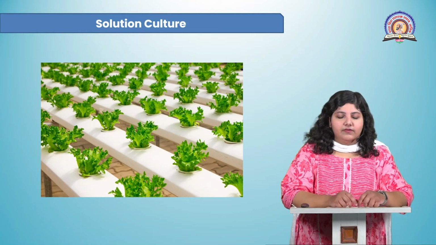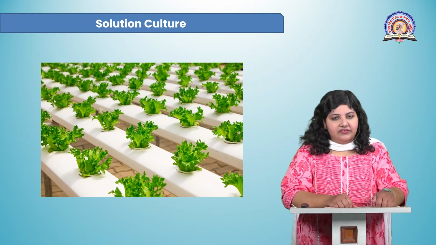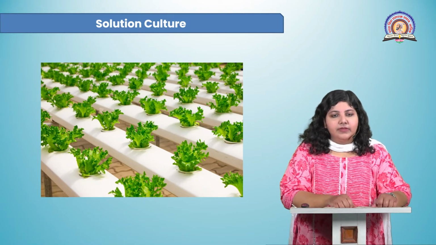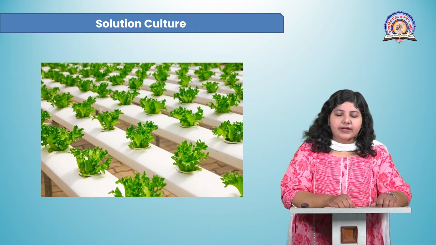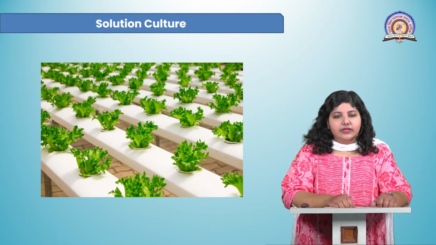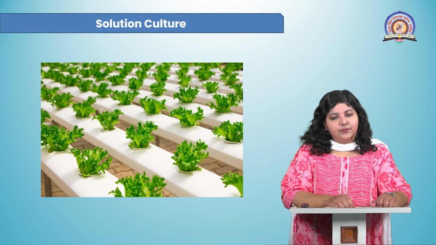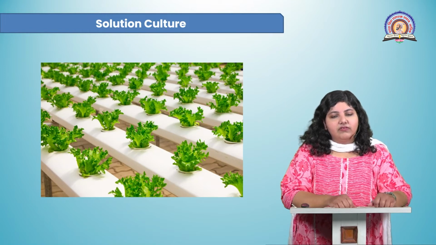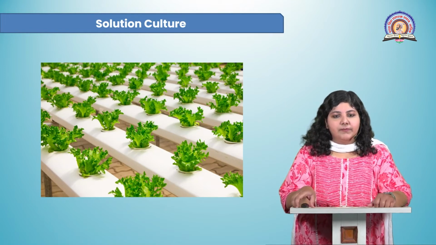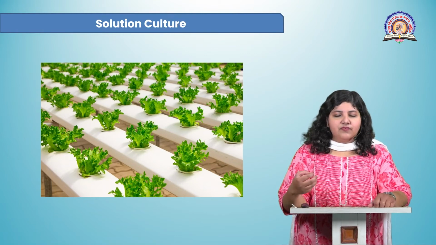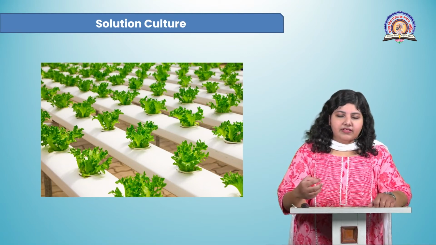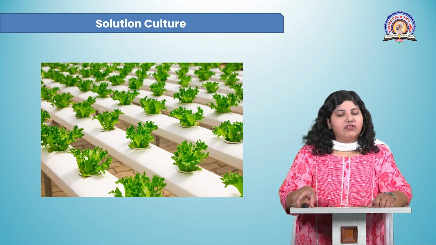The next method for assessment of an essential element is solution culture. In this method, the plants are grown in nutrient containing solution. This method is also known as hydroponics, which is quite popular nowadays for the cultivation of various plants. The nutrient containing solution flows in containers or drainage pipes in which plants can be grown.